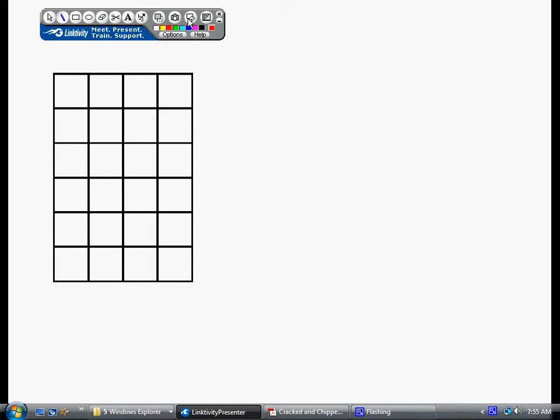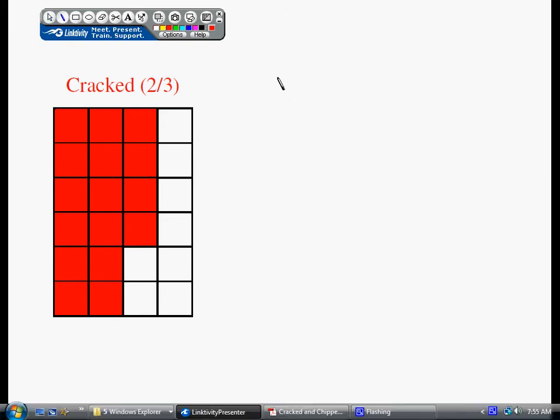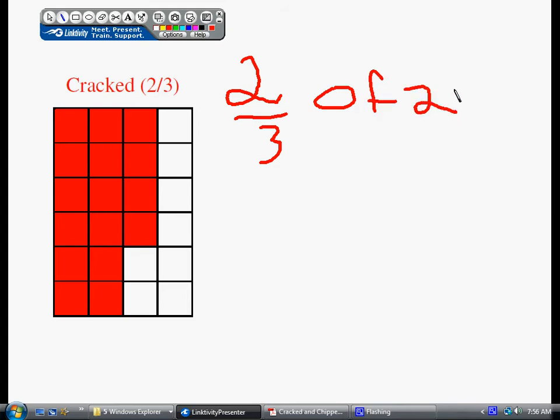Let's go back and fill in some of the details from the question. According to the question, 2/3 of the plates were cracked. Okay, so 1/3 of 24 is 8. 2/3 has to be 16. 2/3 of 24 is 16.